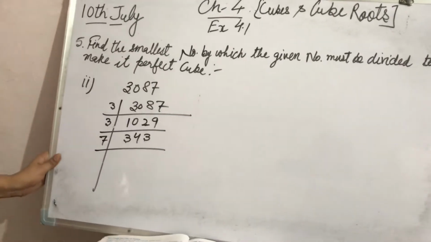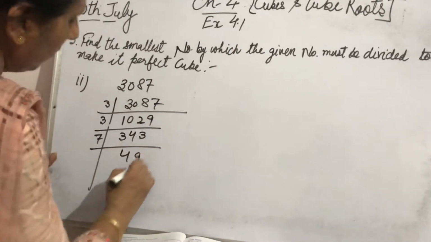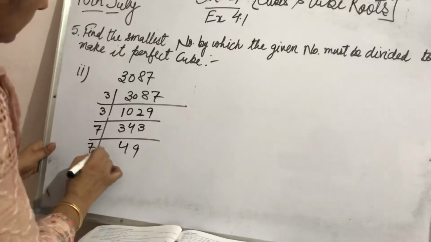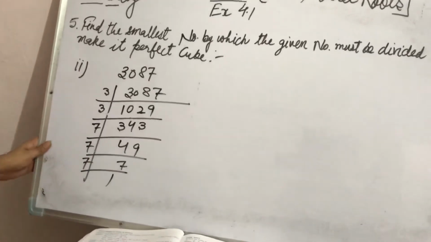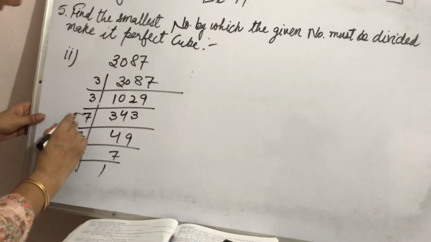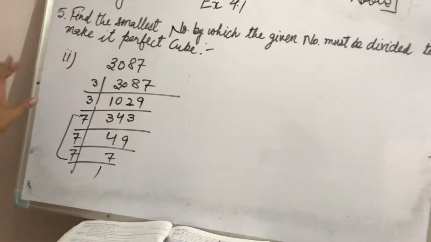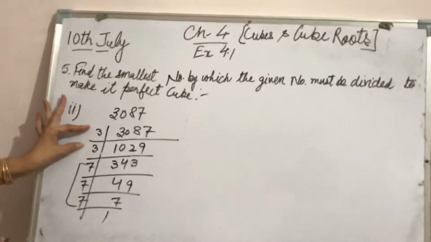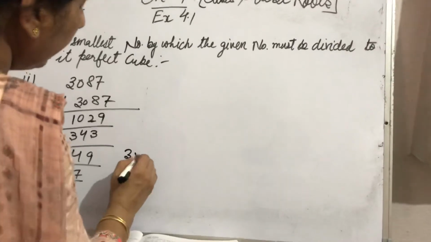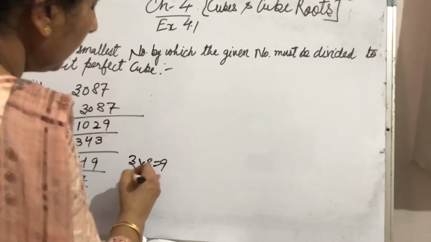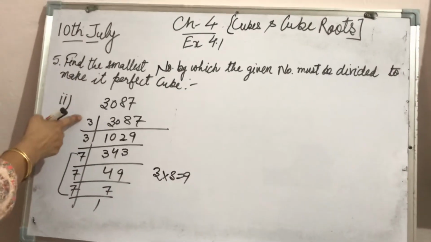It will be divisible by 7. 49. 7. Again 7. Now this 7 we have in triplet form, but these two 3s are extra. So 3 multiplied by 3 is 9. This 9 we have to remove.